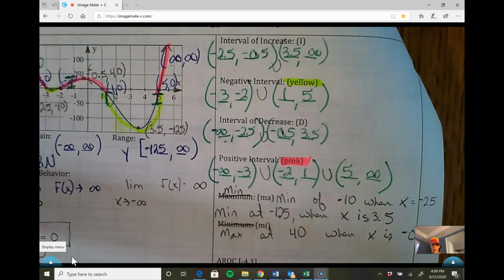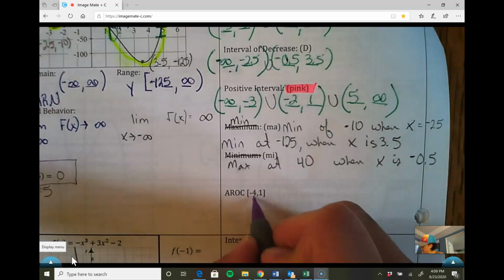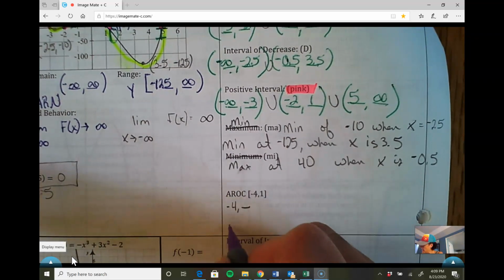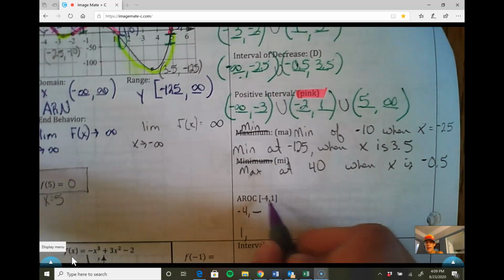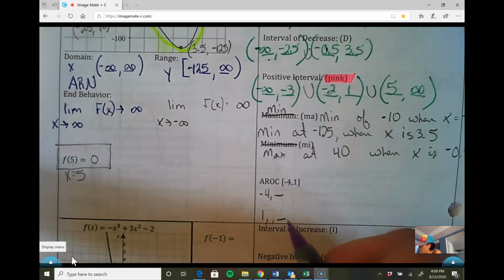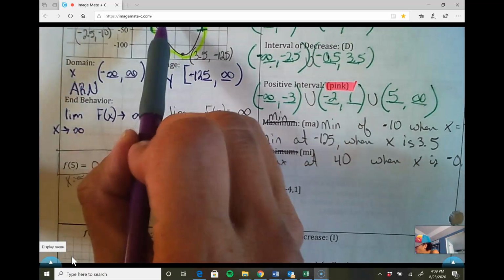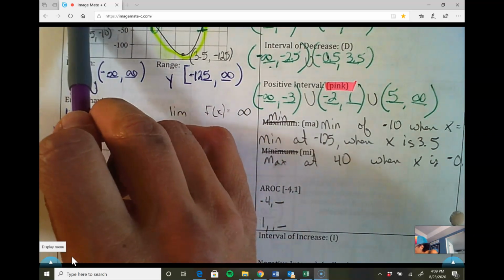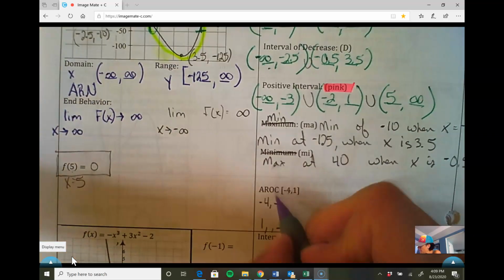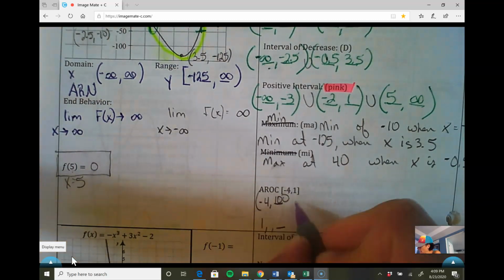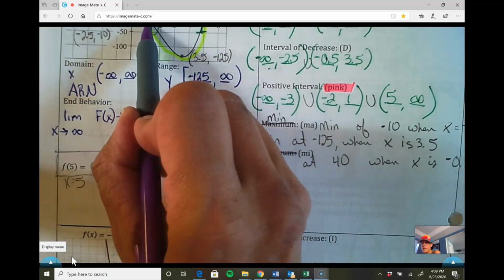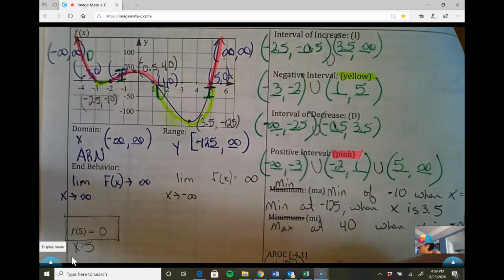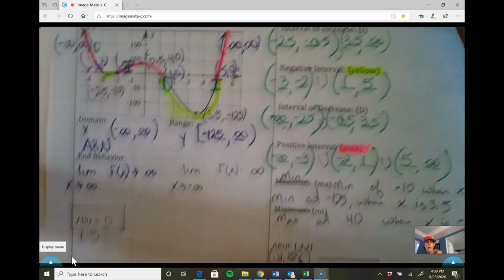And finally, my average rate of change. This is the x value that we're starting at, so we'll need its y value. And this is the x value that we're ending at, so I will need its y value. So at negative 4, it's about here, so why don't we just estimate that to be about 100. And then where x equals 1, sorry, you can't see that, we're at 0. So again, it's just slope. I'm going to subtract the y's on top.